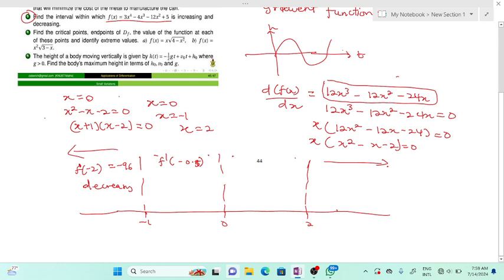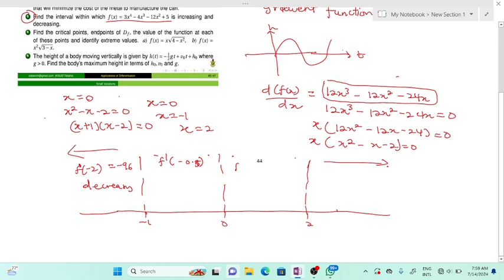So let's change the value we inputted first to negative 0.5. And that is giving me positive 7.5. So f prime of negative 0.5 is giving me 7.5, meaning this is increasing.